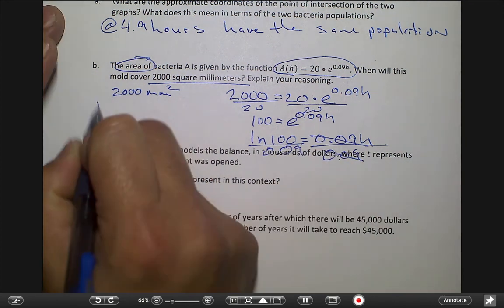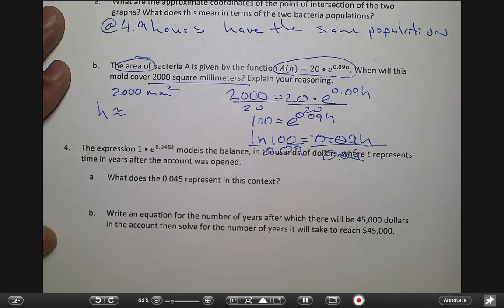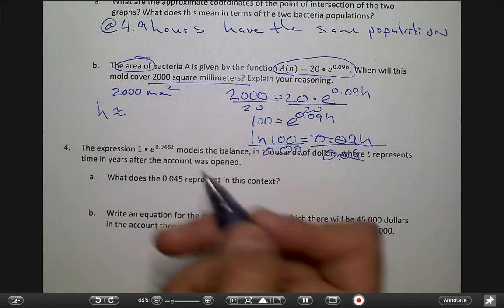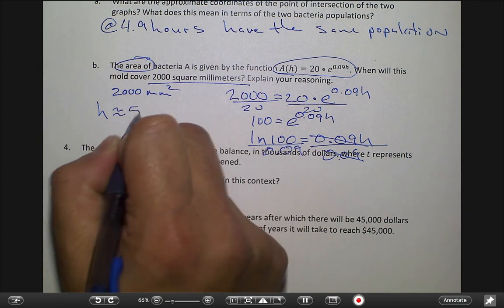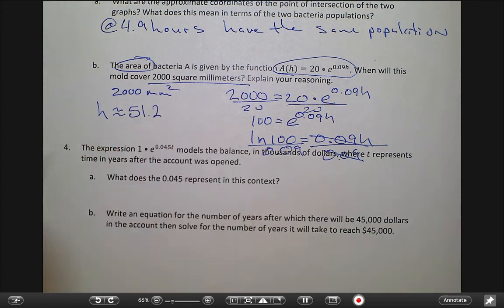So h. This is a point where we could put it in the calculator now. I got the h by itself. What do we get? Okay, so let's say, very good, 51.2.